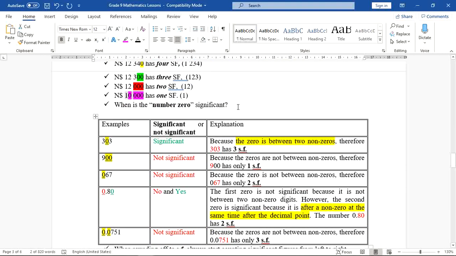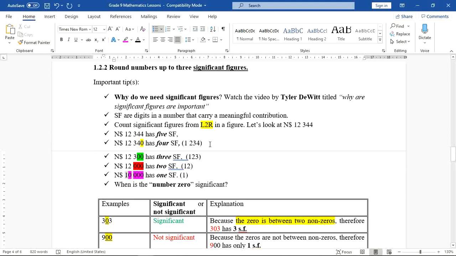In our last video we answered this question: when is 0 significant? We have seen how this number reduced from 5 significant figures to 1 significant figure. If you make this 4 a 0, we only have 4 significant figures: 2 here, 3 and 4. So the question was, when is 0 significant?